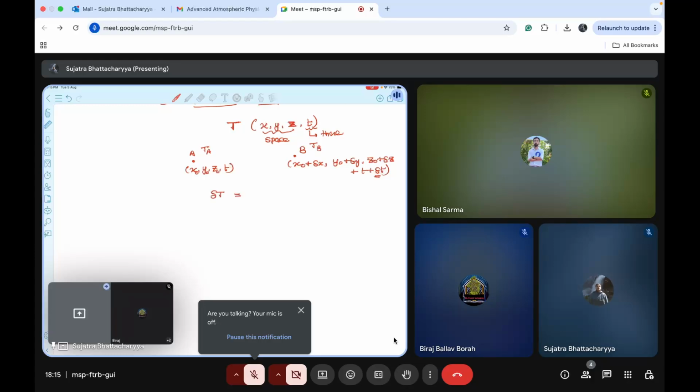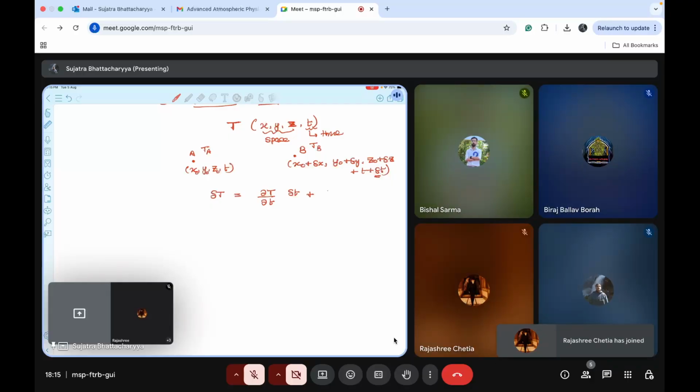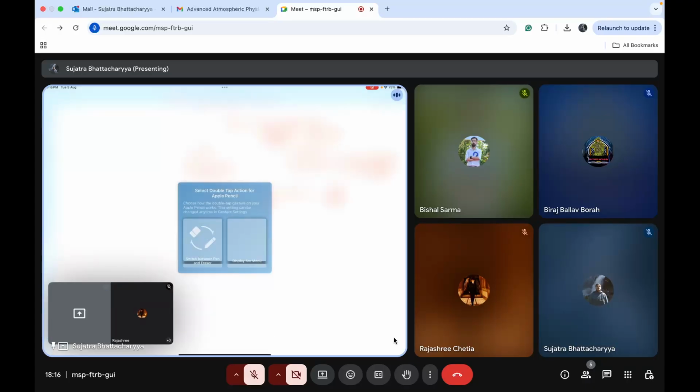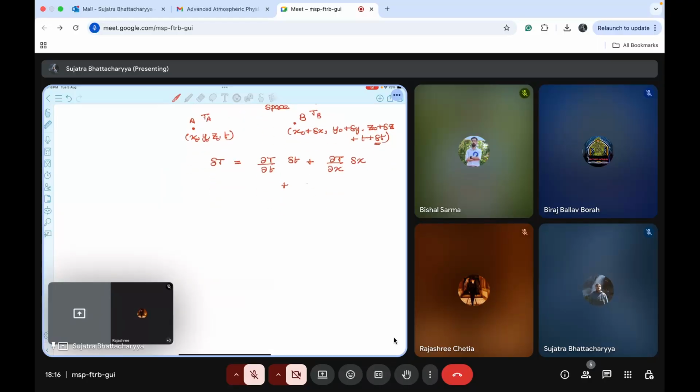which can be written partially as, see, these are all mathematical things: delta T equals the partial change in that particular variable in the x direction times delta x, plus the partial change in the y direction, and finally the partial change in the z direction.